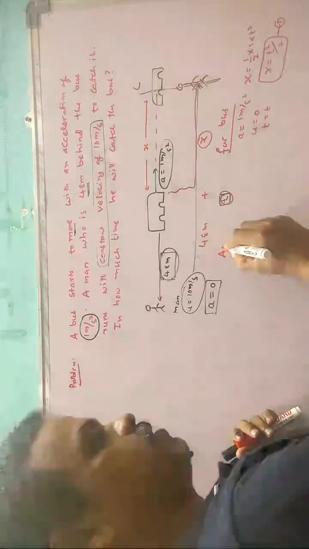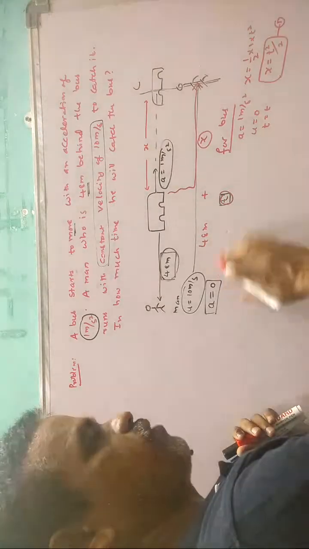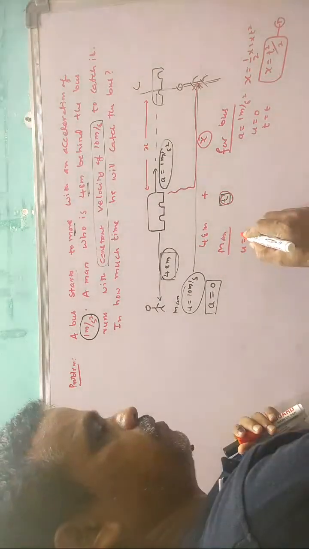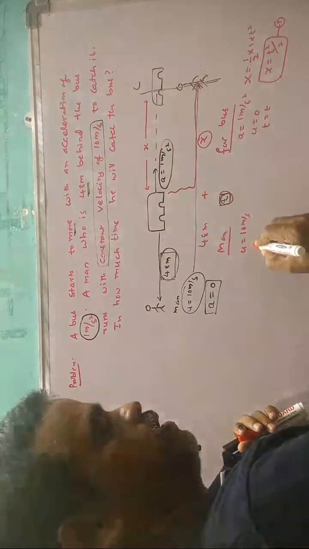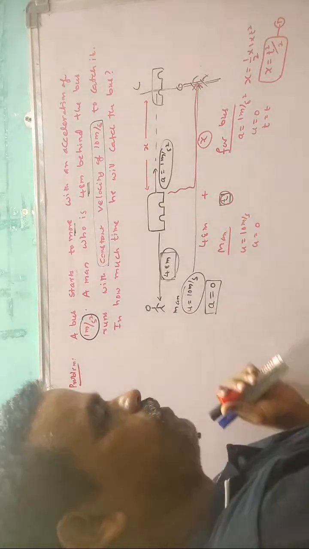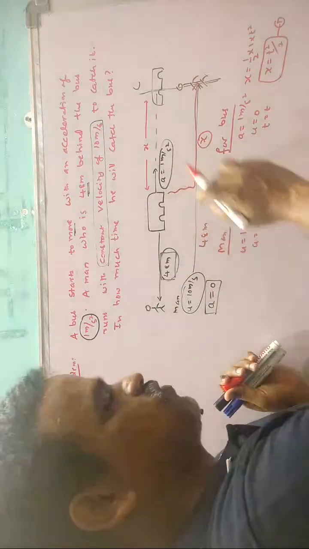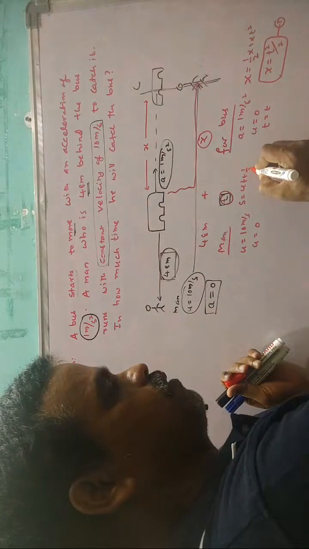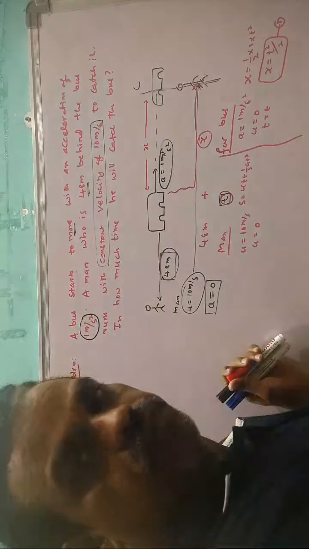Now for the man, he is traveling with 10 meter per second. Acceleration equal to 0. So he has to travel x plus 48. We have the formula s equal to ut plus half at square.